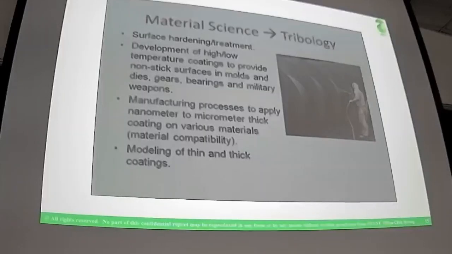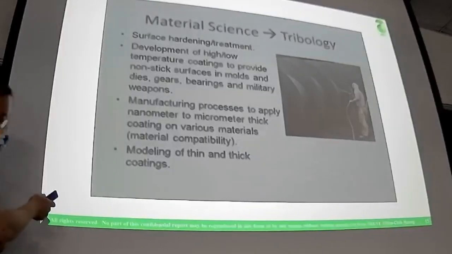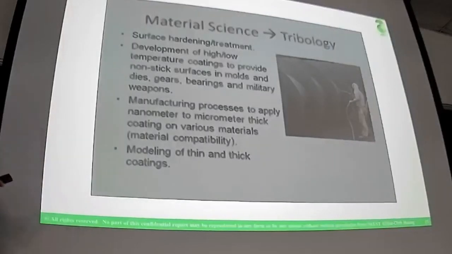So this is another way you can make a difference from the similar material.